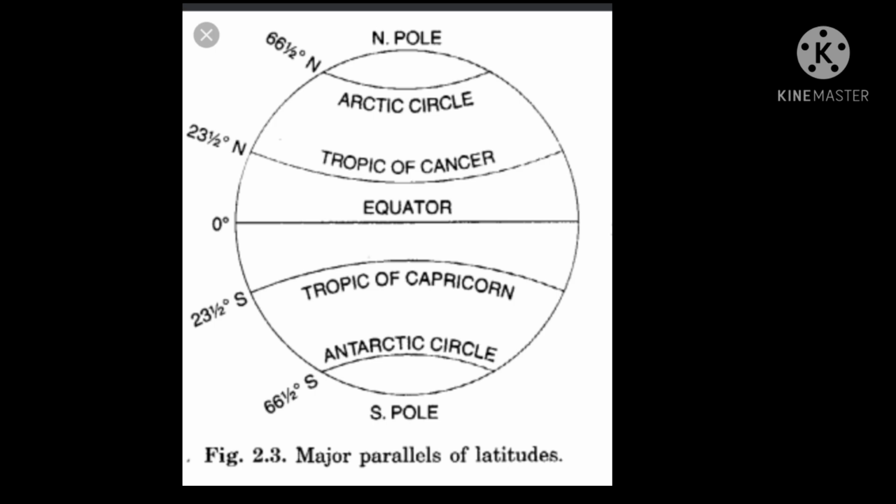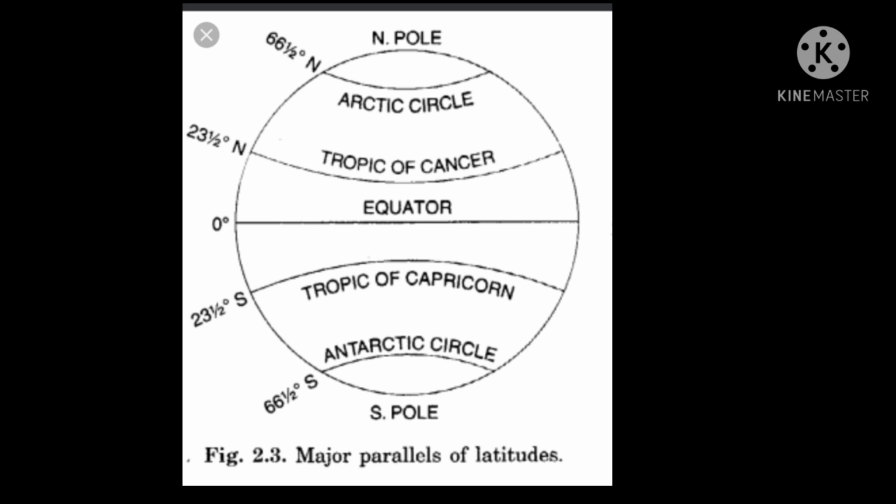Now you can see the Tropic of Cancer, that is 23.5 degree north, and the Tropic of Capricorn, marked as 23.5 degree south. You can see on the globe, the Arctic Circle is marked as 66.5 degree north, and the Antarctic Circle is marked as 66.5 degree south.